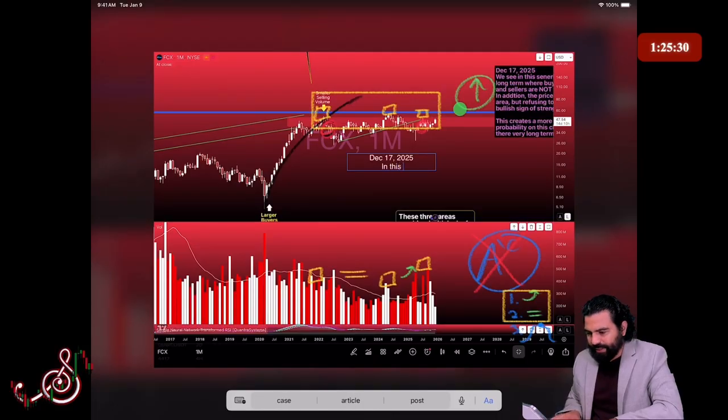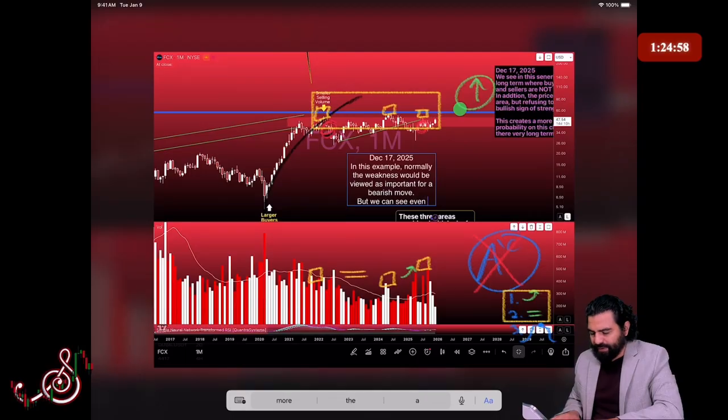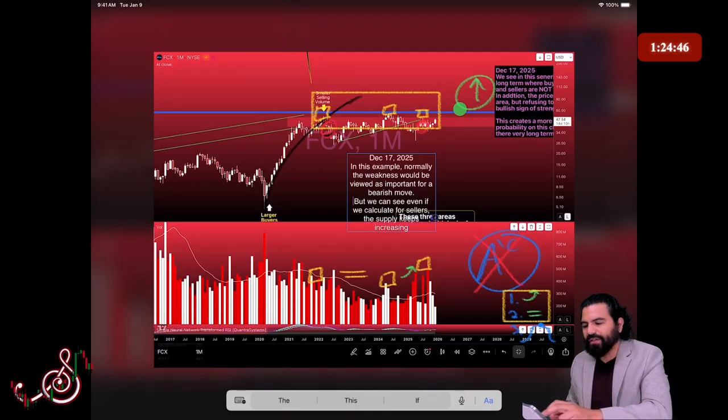Here I'm going to put the words. In this context, in this example, normally the weakness would be viewed as selling, or reviewed as important for a bearish move. But we can see, even if we calculate for sellers, the supply keeps increasing as shown in the volume.